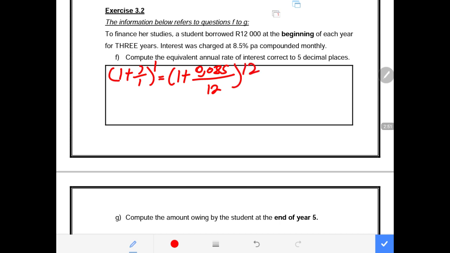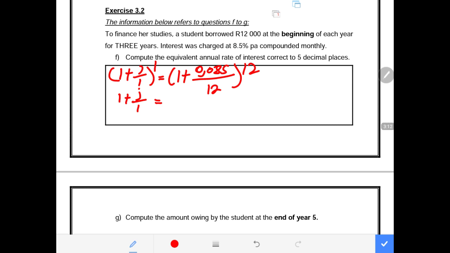Then what we do first, you know that we first have to eliminate the power on the left hand side, but in this case it's 1, so we don't have to worry. So it will be 1 plus j over 1, which is equal to, then we deal with what is over the equal sign. Make sure that you open brackets.